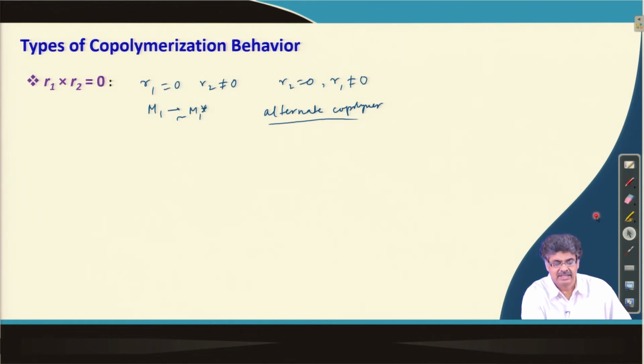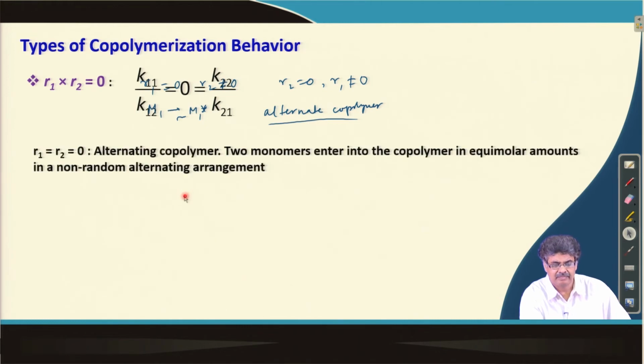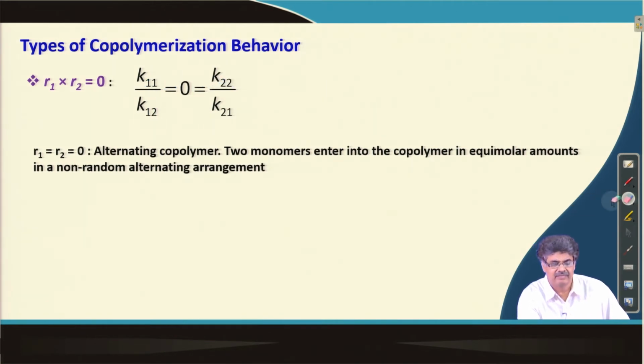Now, in a special case where both R1 and R2 are 0, what will happen? Then obviously neither M1 nor M2 has any tendency to undergo self or homopolymerization. So, we will get a perfectly alternating copolymer.